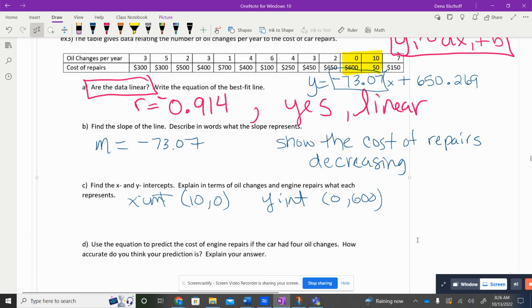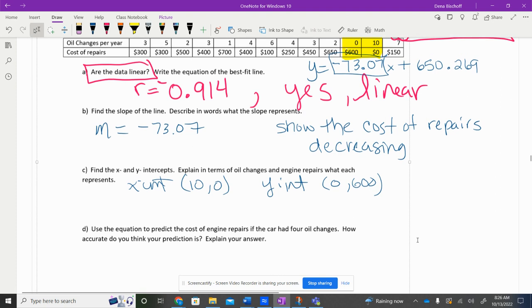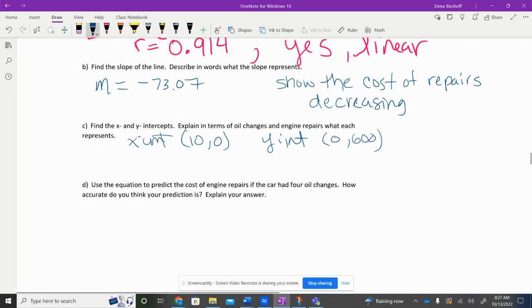Use the equation to predict the cost if the car had 4 oil changes. There are 2 4s in that table, so that's why we have to use our equation.